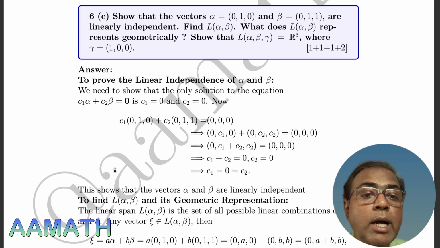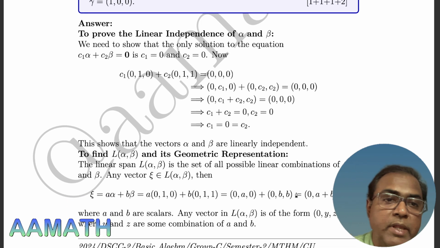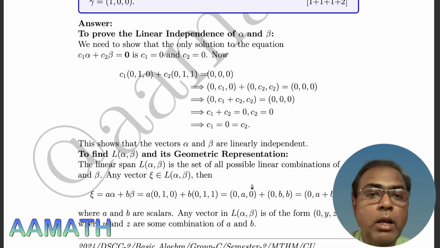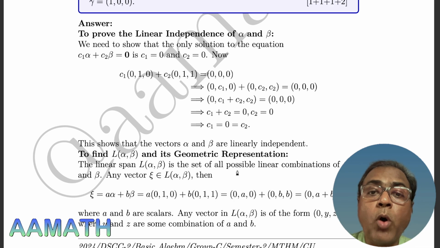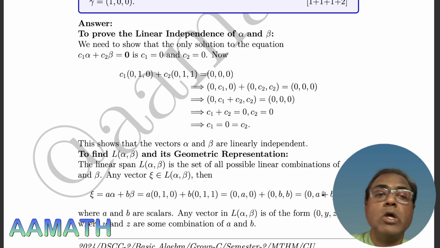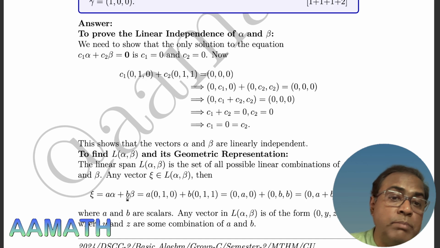Now to find the linear span of alpha beta and its geometrical representation. The linear span of alpha beta, L of alpha beta, is the set of all possible linear combinations of alpha and beta. Any vector xi belonging to the linear span of alpha beta, L of alpha beta, then xi equals A alpha plus B beta.